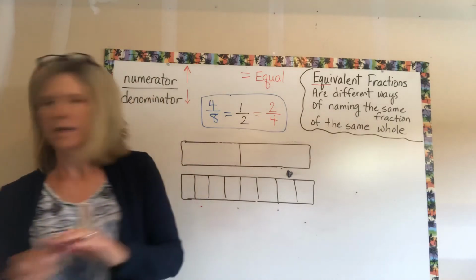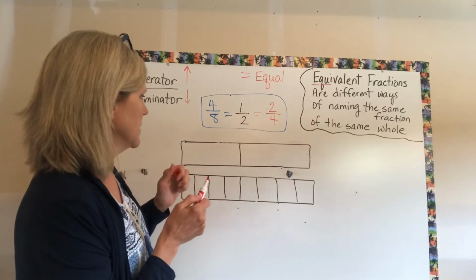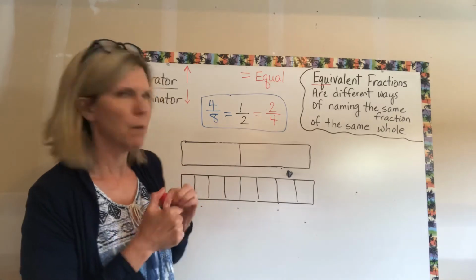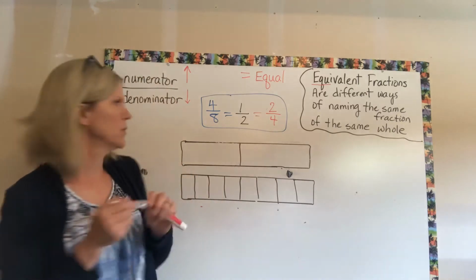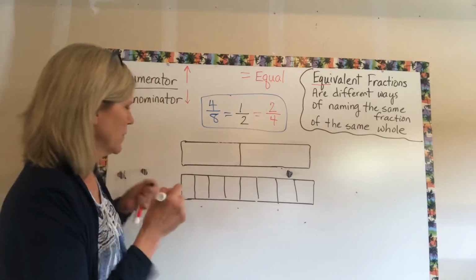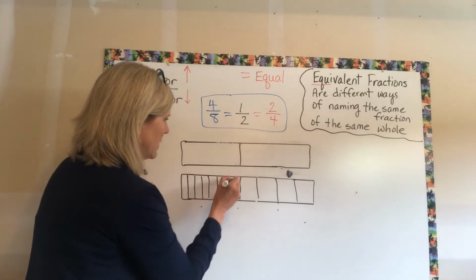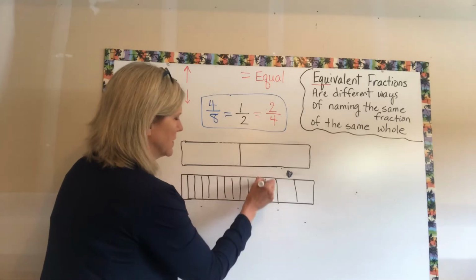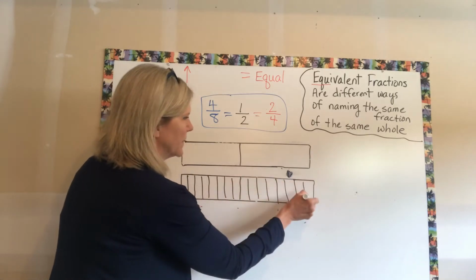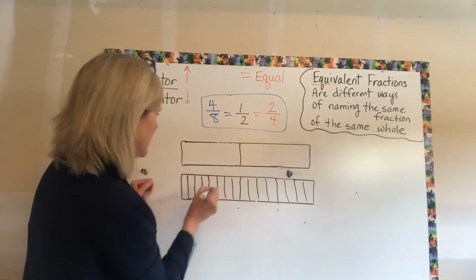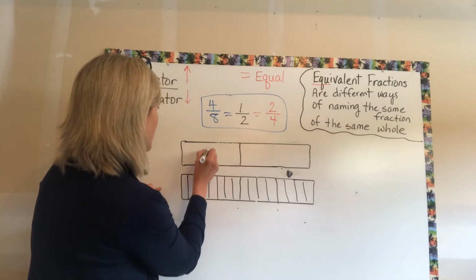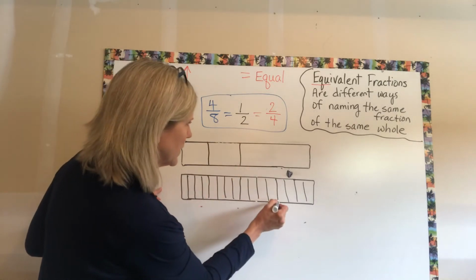Okay, now let's shade in. I want to get a bigger number, so I'm going to make this high. We're going to divide these in half too. So now we have 16 pieces, and we're going to divide this one into 4ths.